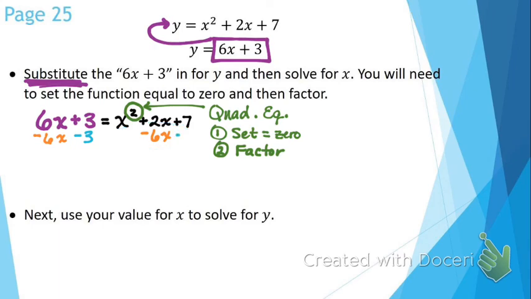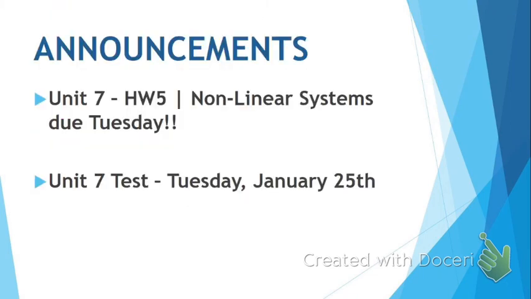Underneath the 7. So tell me what I'm going to get then. X squared minus 4x plus 4 equals 0.